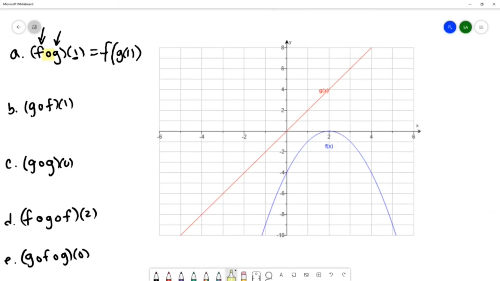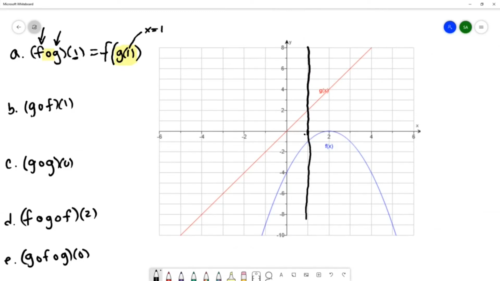So if we go one step at a time, looking inside the parentheses, we want to find G of 1. G of 1 indicates that x equals 1. So on the graph, I'm going to find where x equals 1, and x equals 1 along this line here.